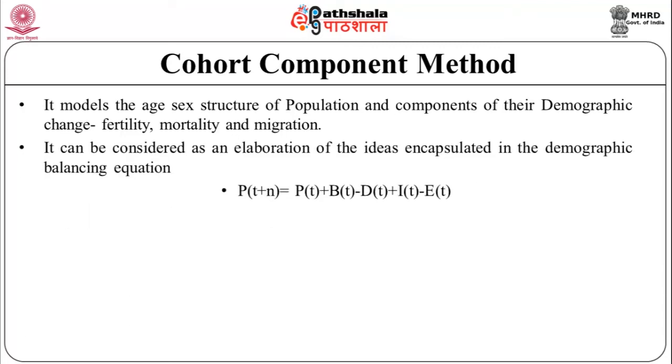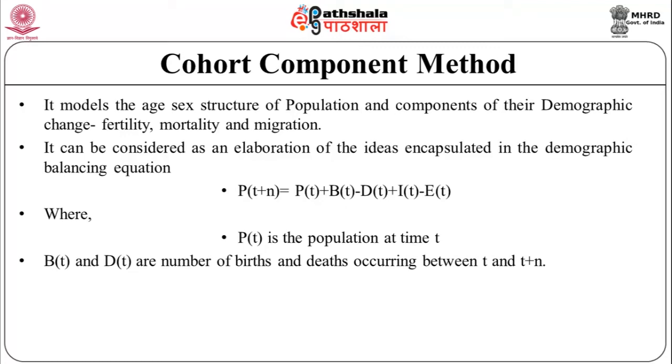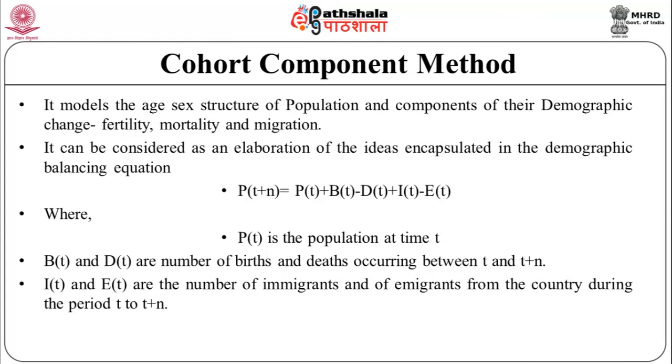It can be considered as an elaboration of the ideas encapsulated in the demographic balancing equation P(T+N) = P(T) + B(T) - D(T) + I(T) - E(T), where P(T) is the population at time T, B(T) and D(T) are the number of births and deaths occurring between T and T+N, and I(T) and E(T) are the number of immigrants and emigrants from the country during the period T to T+N.